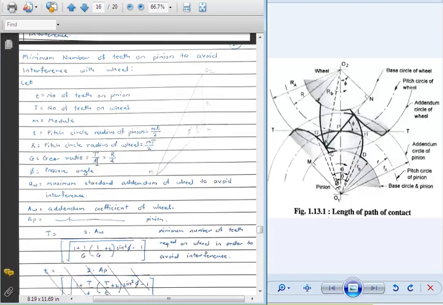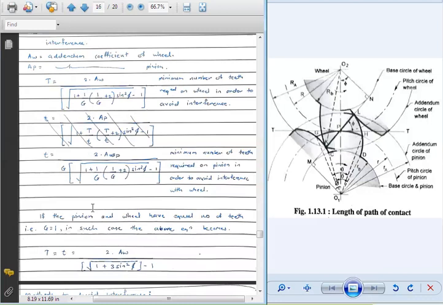If both are equal, the above equation becomes capital T equal to small t, which equals 2 into AW upon, in bracket under root of 1 plus 3 sine square phi, minus 1. So these are the equations by which we can get the minimum number of teeth on the pinion as well as on the wheel, or on the smaller gear or the larger gear.